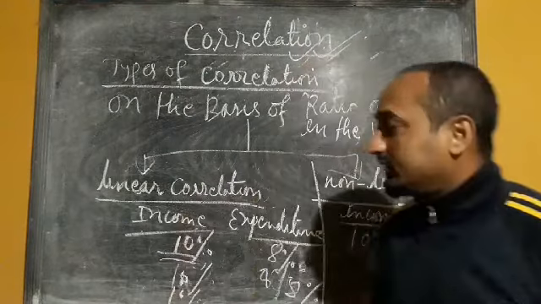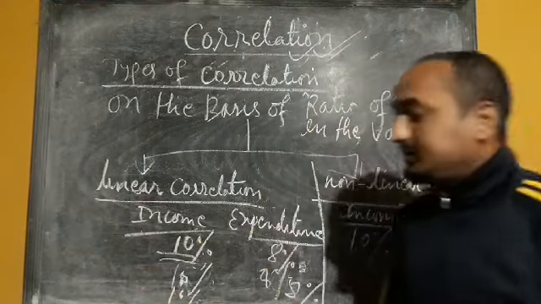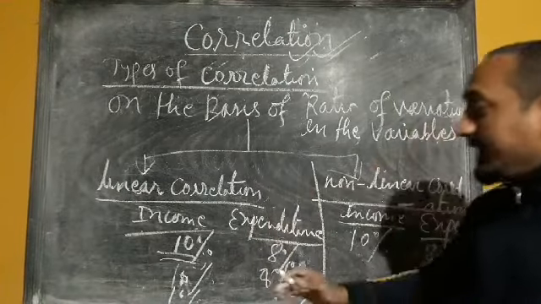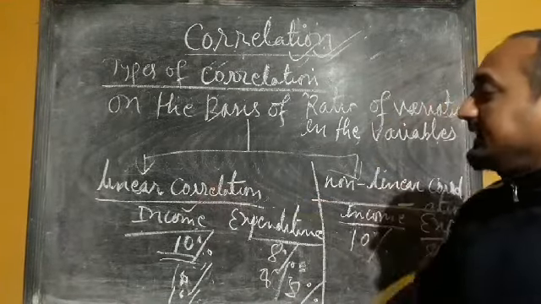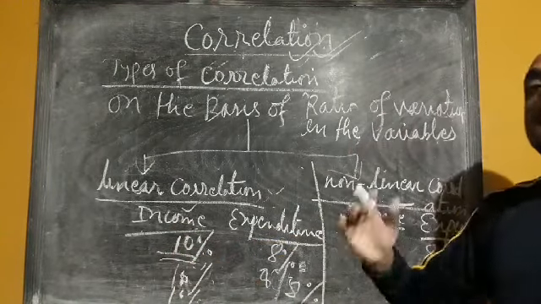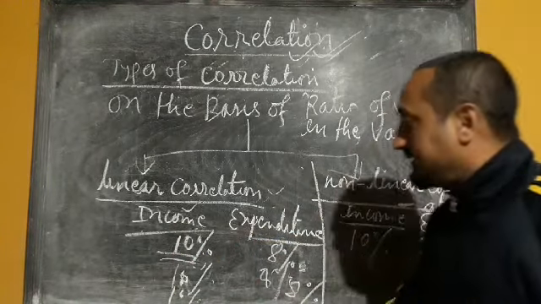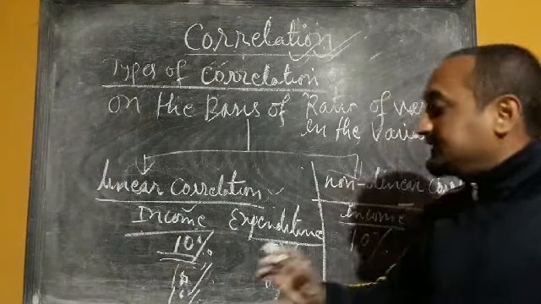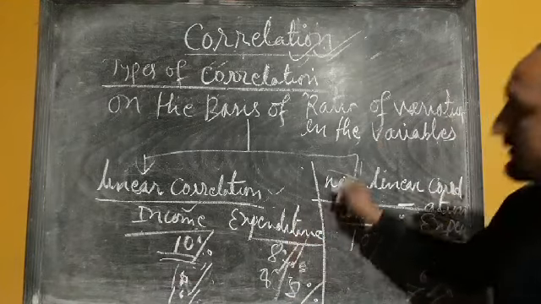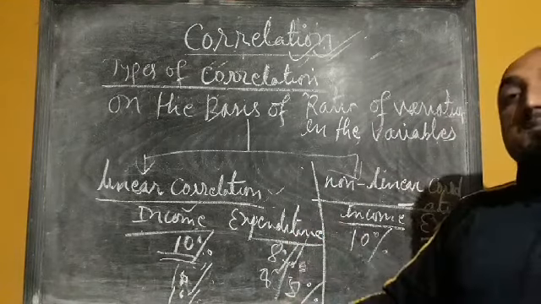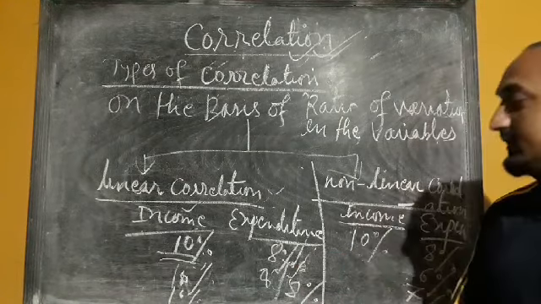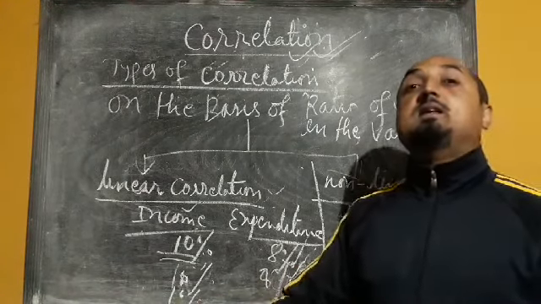Once again, please try to understand this concept. Linear correlation means when the value of a variable is changing, and suppose we have considered income and expenditure. If your income is changing by 10% and due to that, your expenditure is changing by 8% every time, first time 8%, second time 8%, third time 8%, then that can be considered as a linear correlation.